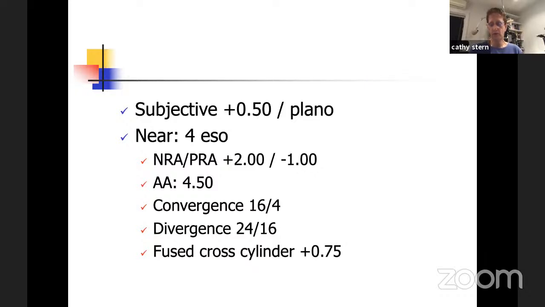And when I do what we call a fused cross cylinder, we use cross cylinders in front of a chart that has vertical and horizontal lines crisscrossing each other. And we ask them as we go from plus to plano, low plus to plano, which lines look subjectively to them blacker or darker.